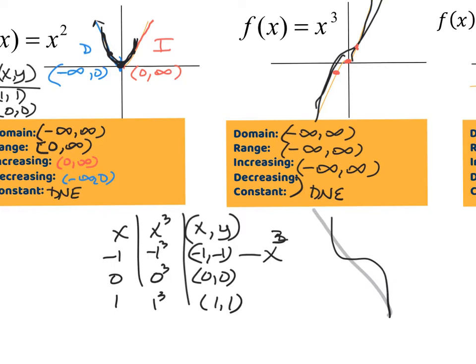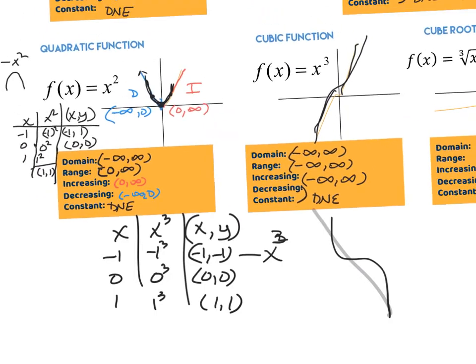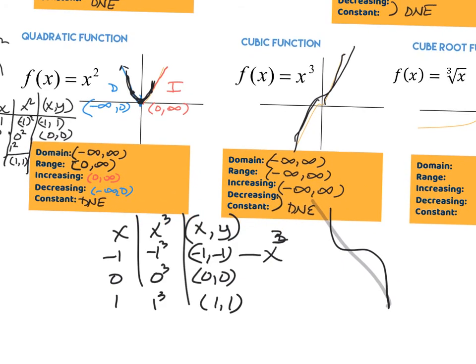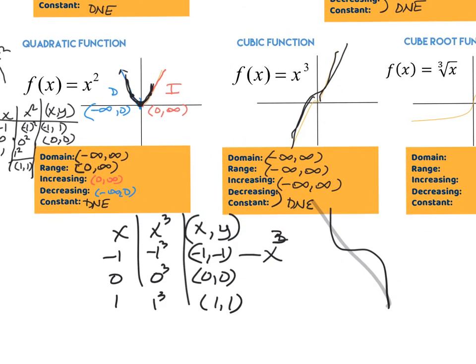When you see an x cubed, you know you got to get a little wave to this thing. So when you go to graph the three ordered pairs, make it a little curved.